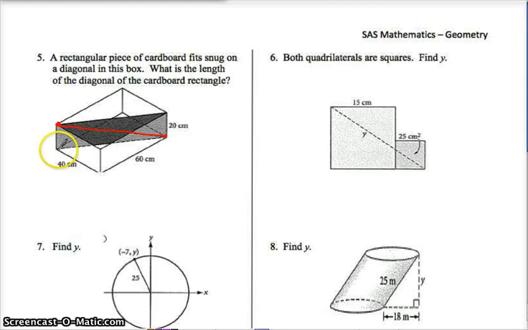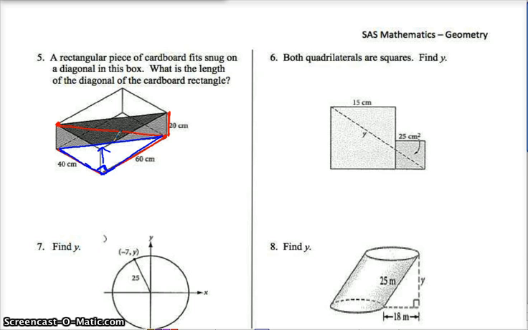So what do you know? You know this length here is 40, you know this length here is 60, and you know this height here is 20. Well, this 40 and this 60 combine with this diagonal here, and this is a right triangle. This 40 is a leg, this 60 is a leg, and this diagonal is across the floor, from my desk back to the door.